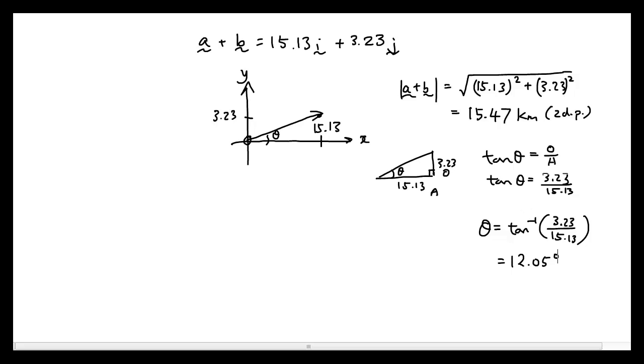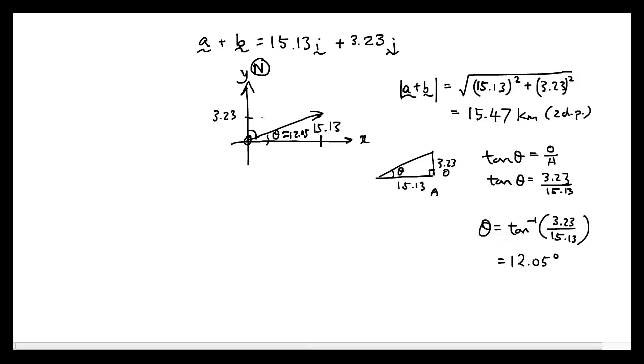Now what you need to make sure is that we're going to change this angle to a bearing. So even though theta is 12.05, we need to know what this angle is, because a bearing is from the north.